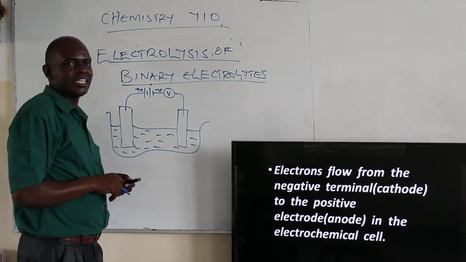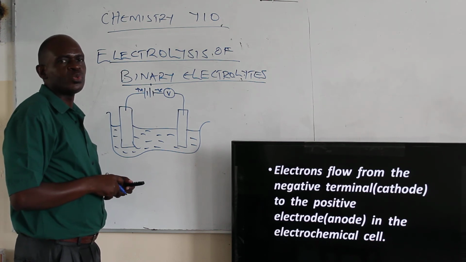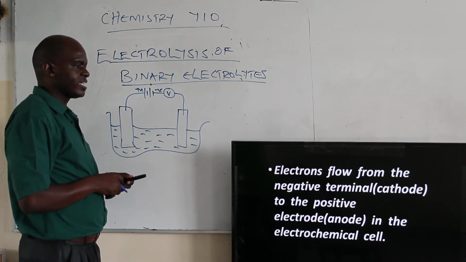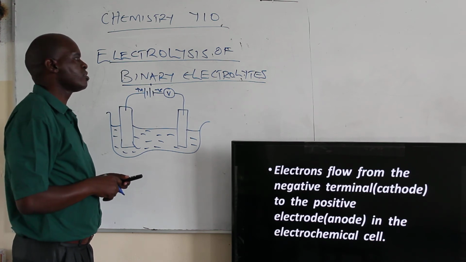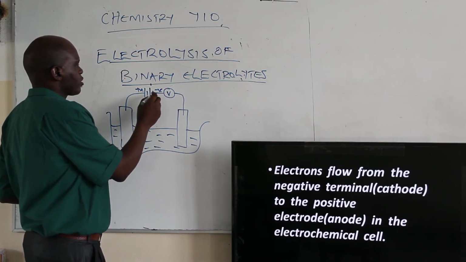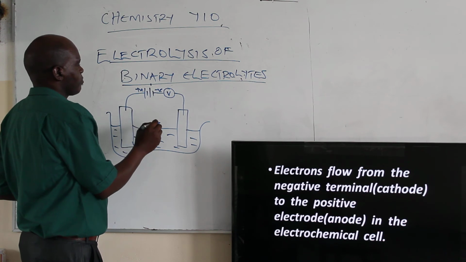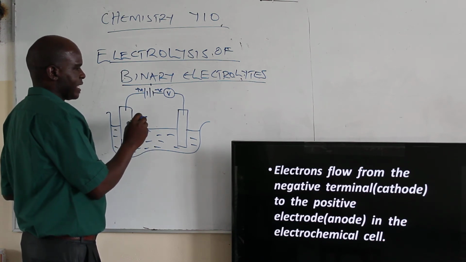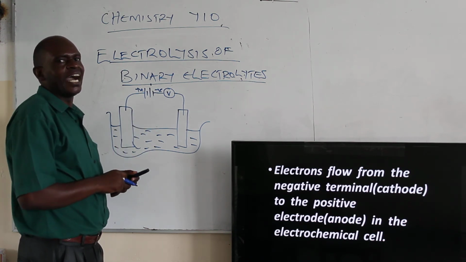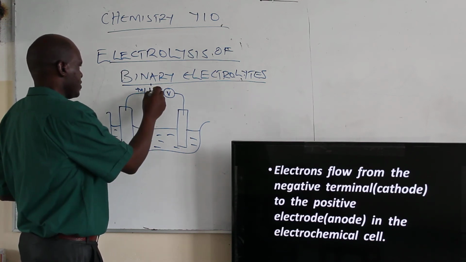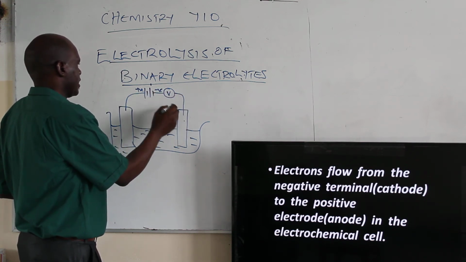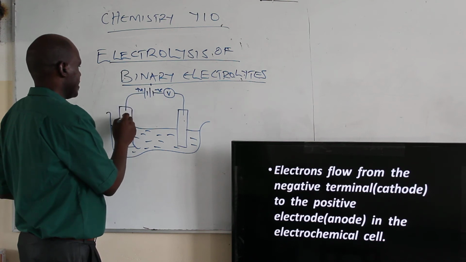The cathode is the negative electrode. That's the term we use to refer to the negative electrode in an electrochemical cell. So that means that the electrons will be flowing from the cathode towards the anode. So if this is the negative, that will be the cathode, and then this will be the anode.